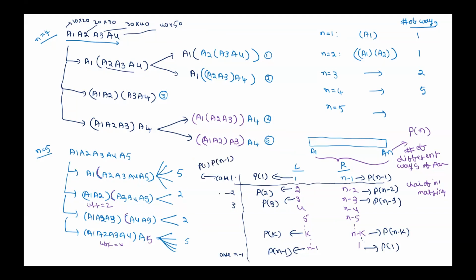Second case can happen in P2 into Pn minus 2 ways. Third one, P3 into Pn minus 3. And this one, Pk into Pn minus k. Now we can generalize this.